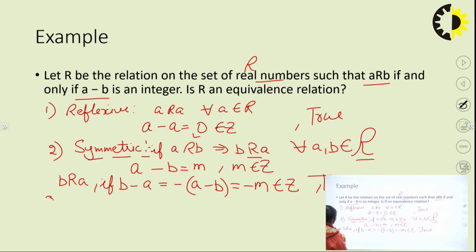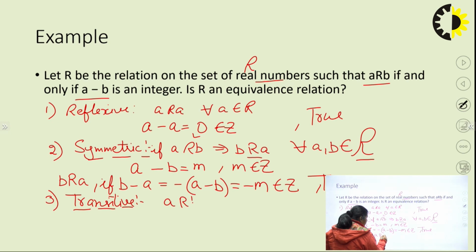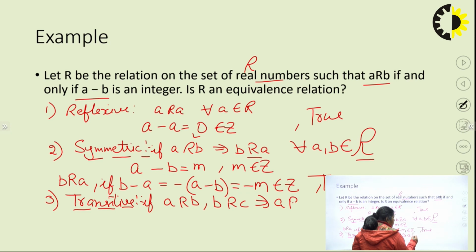Now the third property that we need to check is transitivity, whether the relation is transitive or not. Let me take the definition first. What is a transitive relation? If A is related to B and B is related to C, then A is related to C, for all A, B, C belonging to the set.